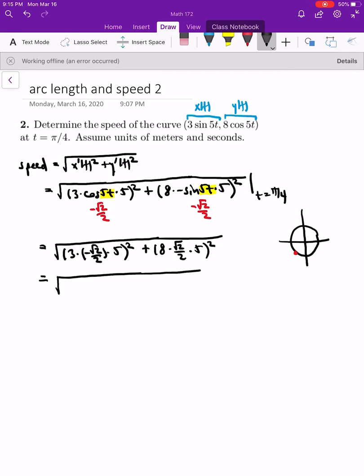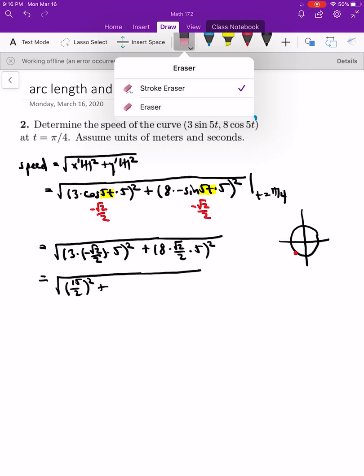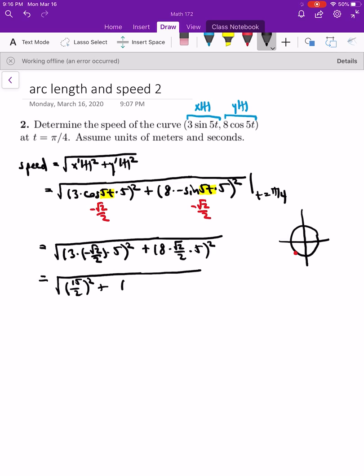Three and 5 gives 15, so it's 15 halves squared. This will be 8 times 5, which is 40, times root 2 over 2, square that.